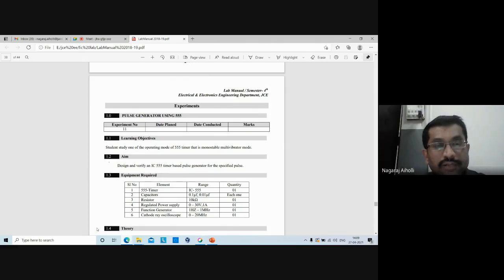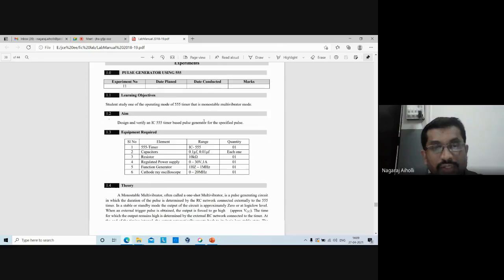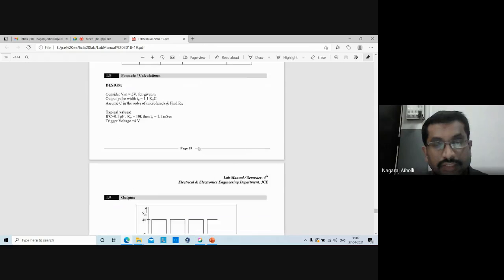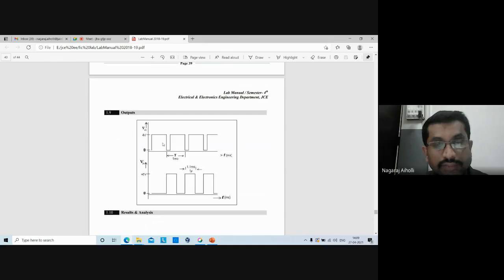Next, experiment number 11 is pulse generator using 555 timer. So using the 555 timer, that is the timer circuit, this is called the timer circuit. Here we are applying the trigger input. So based on the trigger input that is applied, we are getting the output pulses. You can check the output here. These are the trigger pulses we give in, and we are getting the pulses at the output.